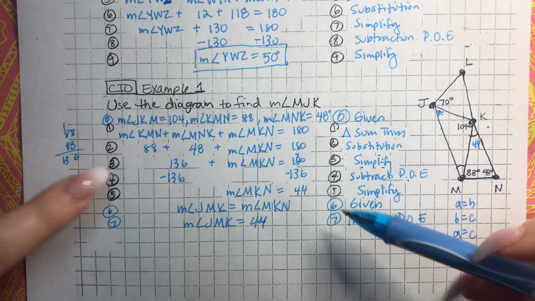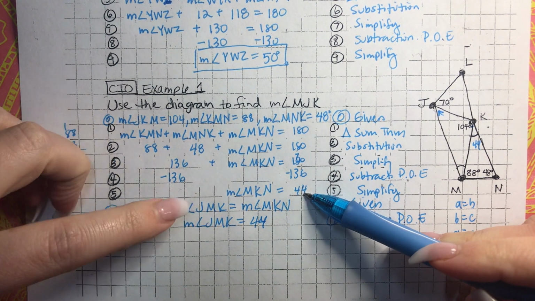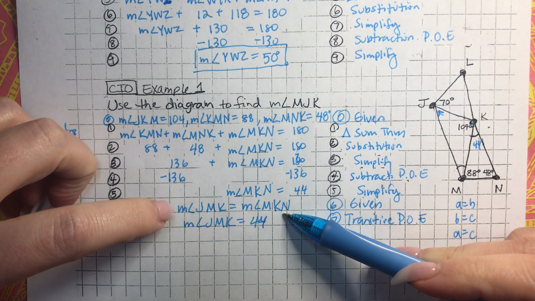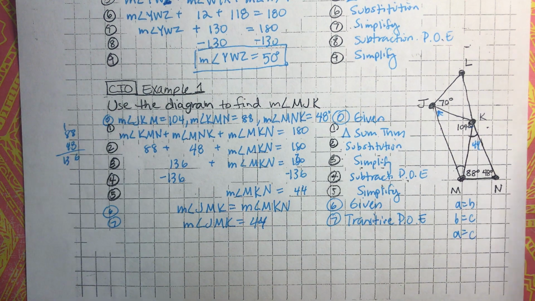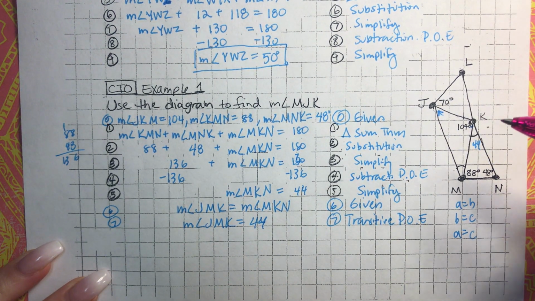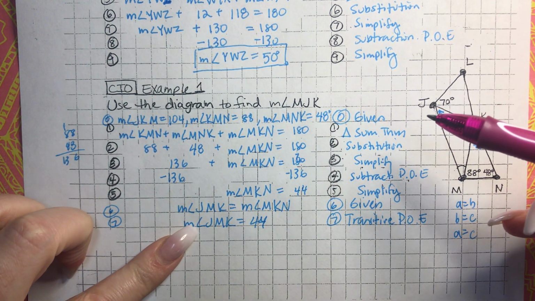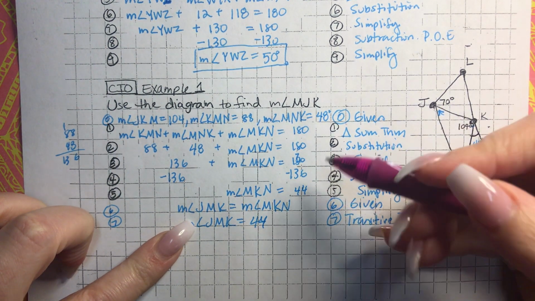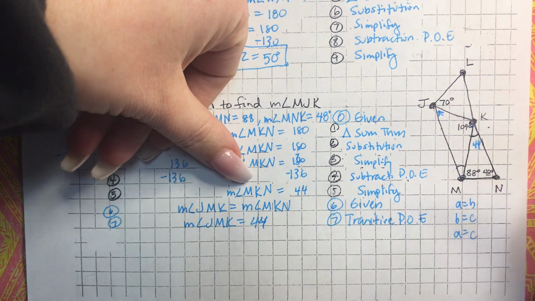Basically, if this would be A is equal to B, and then B is equal to C, then we can say that, well, it's a little backwards here, but it's basically the same thing.